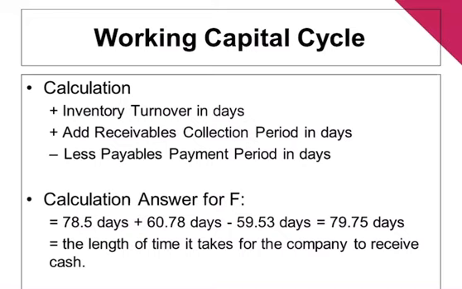So using F, we would do 78.5 days, which was your stock, plus your receivables number, which is 60.78, minus 59.53, and in essence what that's saying to you is it takes on average 79.75 days for you to get your money in.